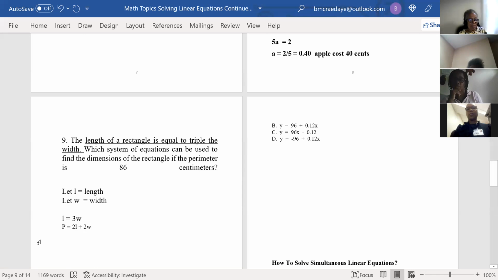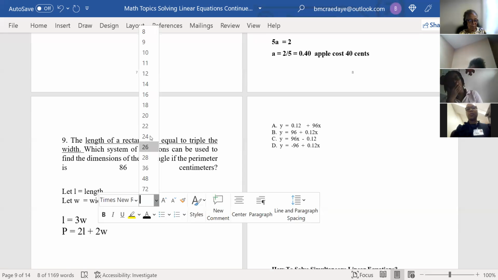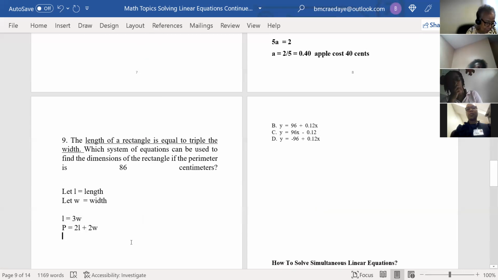But here they gave us the perimeter, 86. So we put 86 equals 2L plus 2W.